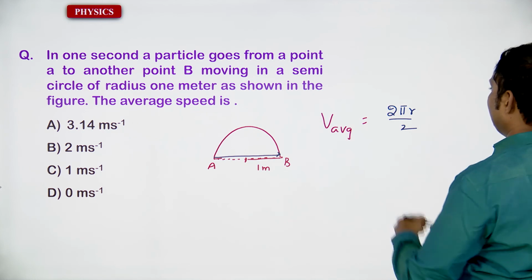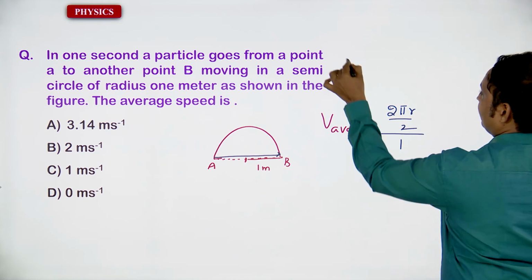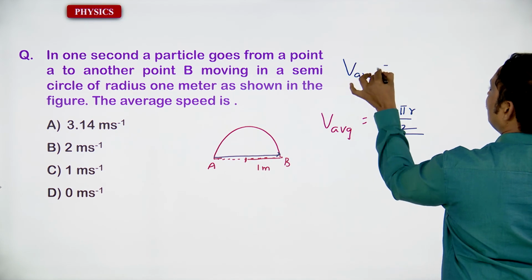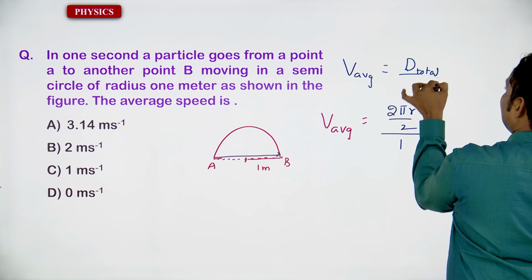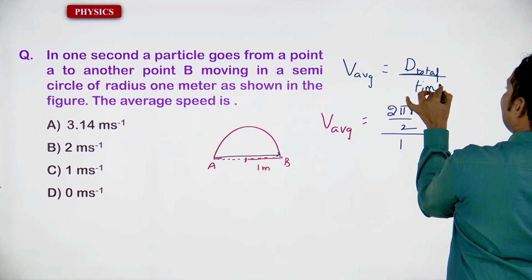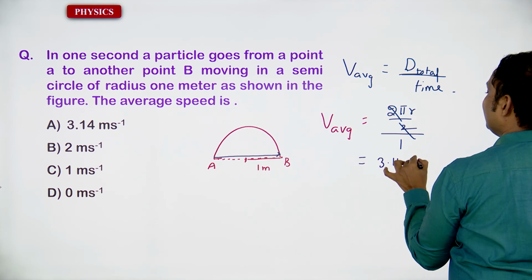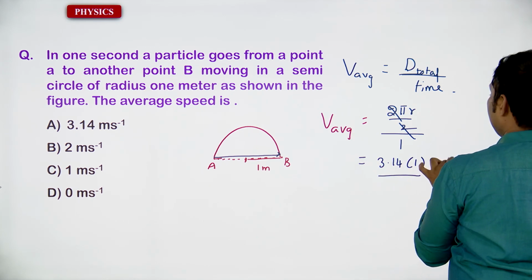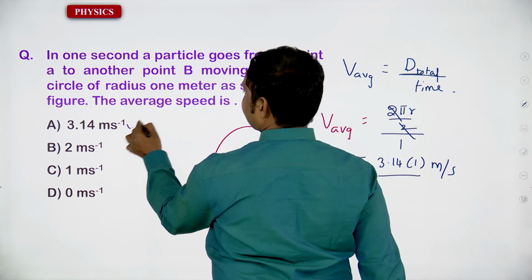In 1 second, V average is equal to D total by time. That is going to be 3.1 into 1 meter per second.